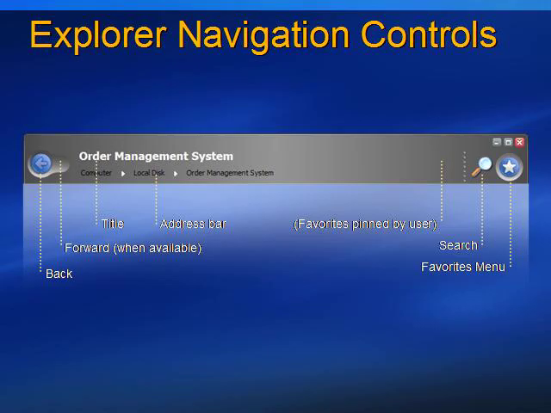So, for example, we've taken the step of hiding the forward button when it's not available, rather than simply disabling it. Similarly, the address bar does not look interactive until you mouse over it, at which point the controls become 3D. You can click on them. You can also click there and type.